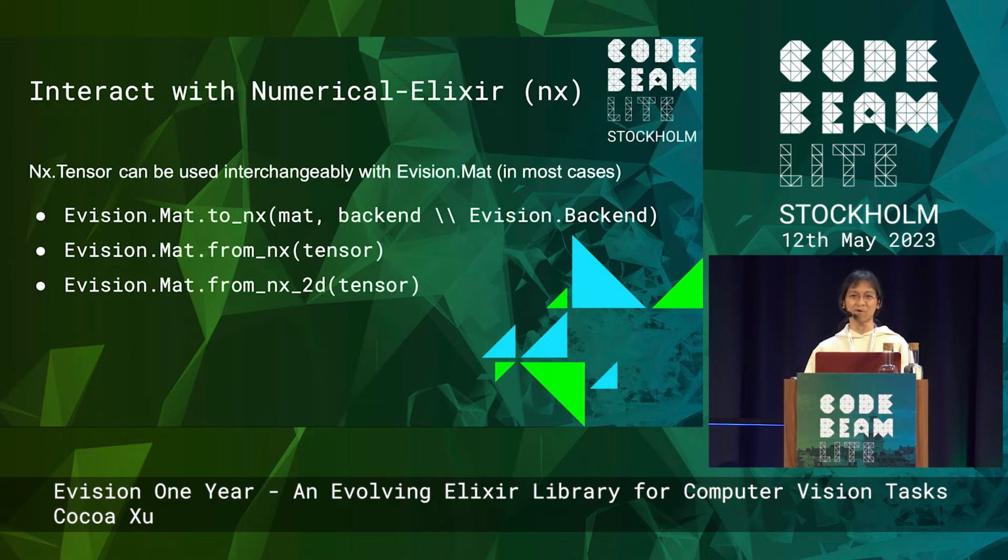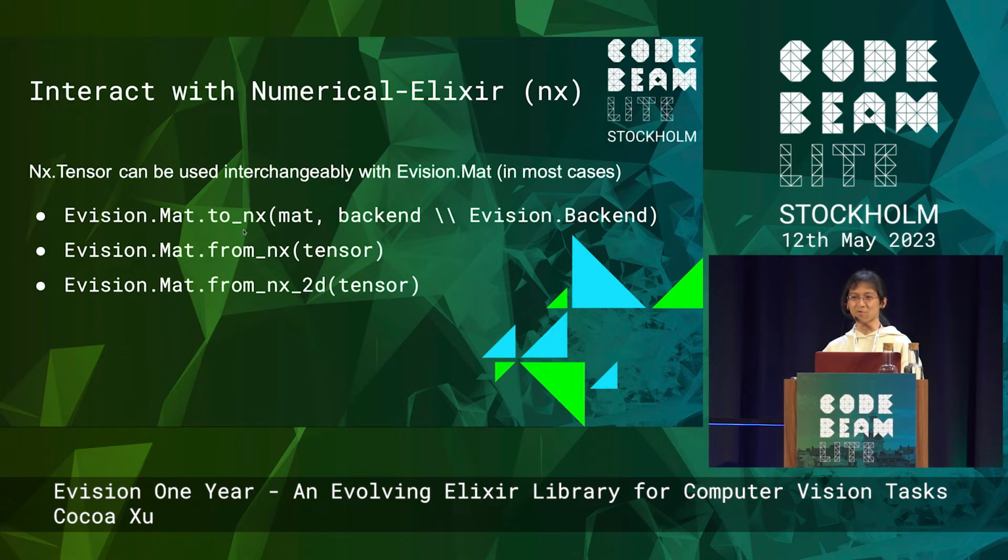For almost all functions that would take an Evision.Mat struct before, it can also accept an Nx tensor now, and sometimes you have to do this conversion between an Evision.Mat and an Nx tensor, and we can do that via these three functions.